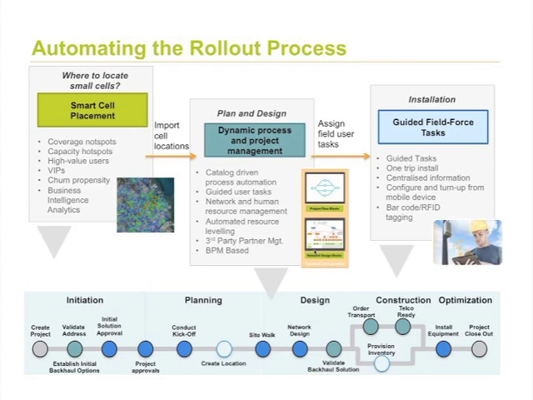And as its inputs, it takes input from the plan of demand systems, and in this case we have also a solution called Smart Cell Placement, which is a solution that allows you to identify where to locate your small cells. It identifies the coverage not spots and capacity hotspots. It identifies where your high value VIP users are and their churn propensity and so on.